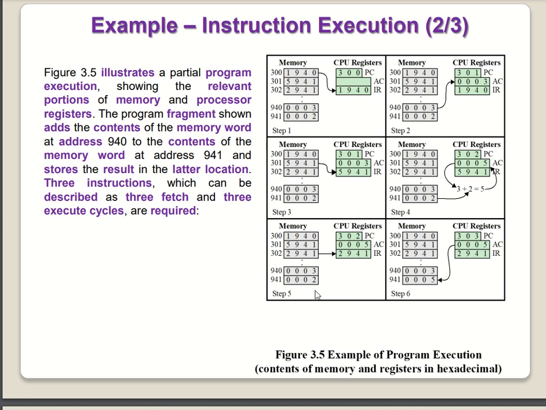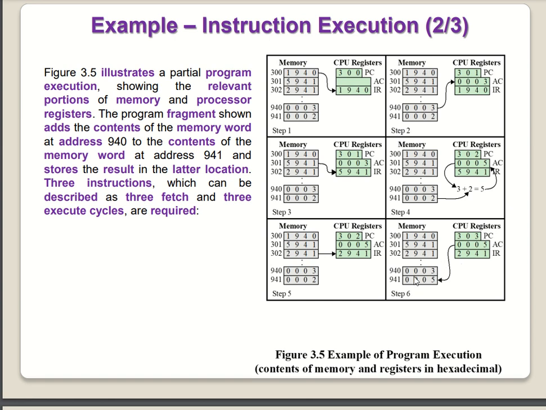Store AC to memory. Which location of memory? Because can you see my memory? It's a big memory. Where am I going to store this 0005? Look at the instruction. Instruction is 2941. 2 is the opcode. 941 is the memory location, the address. So, go to the location 941, save the AC content there.